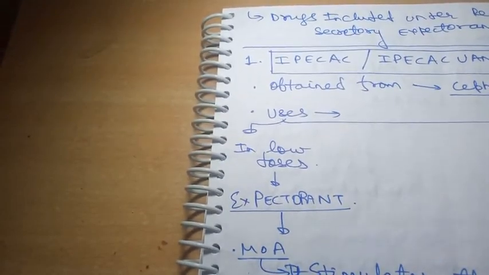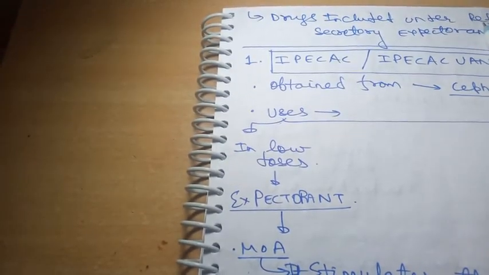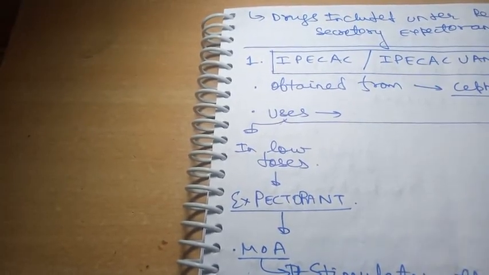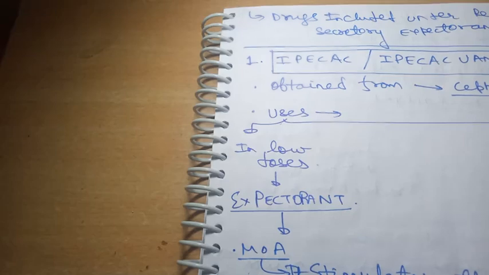And what is the mechanism of action? Since these belong to reflex acting secretory expectorants, their mechanism of action will be the same for all. The mechanism is that it stimulates the secretion from the respiratory tract by reflex action mediated by the ANS, especially the vagus nerve. What am I trying to say?